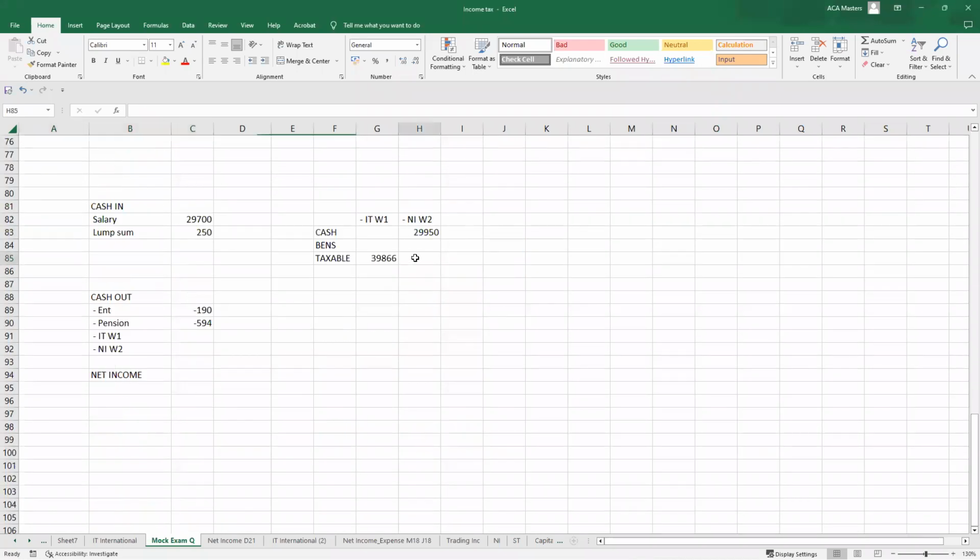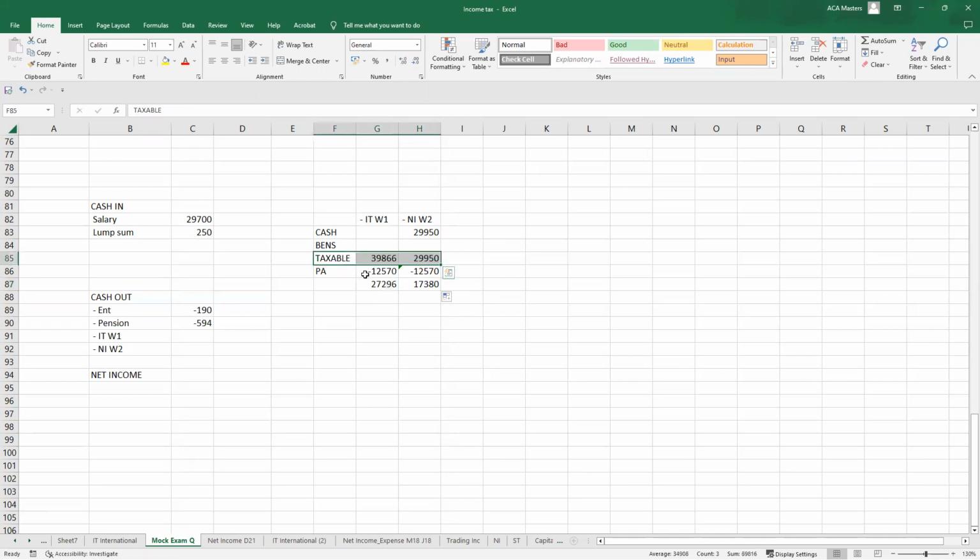So we know that the amount subject to income tax will be the cash and the benefit, so this amount, and then national insurance will just be the cash. So we've got the personal allowance for income tax, and then the lower earnings limit for national insurance, which are now aligned for this tax year, so 23, 24.